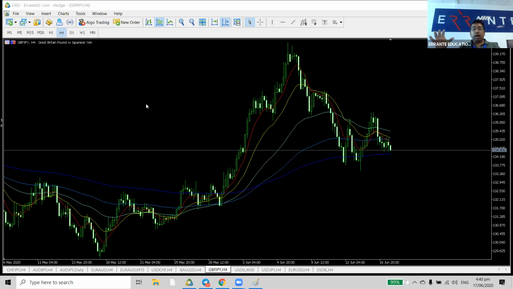Hence the reason I wanted to combine psychological numbers with support and resistance, which we covered yesterday as a topic, together with psychological numbers today. And then for tomorrow, which is Thursday the 18th, we will look into psychological numbers on a deeper level, and I will be able to lay out all the trade setups for you on GBP crosses. That is the plan.